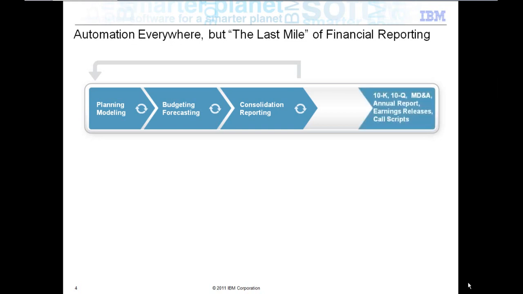However, as part of the last mile where you find yourselves in the XBRL mandate, you are creating some of the most highly visible, highly sensitive documents that your organization will ever produce, highly scrutinized as well I might add, such as, and not limited to, 10K documents, 10Q documents, MD&As, annual reports, earnings releases, and call scripts.